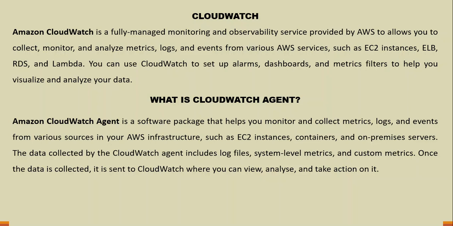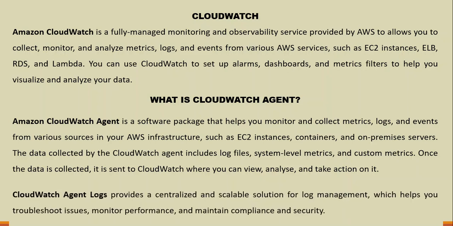The data collected by CloudWatch agents includes log files, system-level metrics and custom metrics, and once data is collected, it is sent to CloudWatch where you can view your logs, analyze them and take any action on them. Alright, so what is CloudWatch Logs? Logs provide a centralized and scalable solution for log management, which helps you to troubleshoot issues, monitor performance, and as well maintain compliance and security.